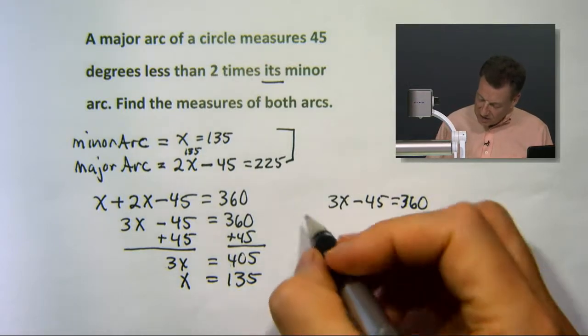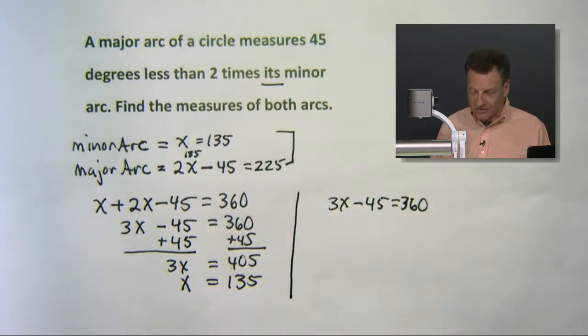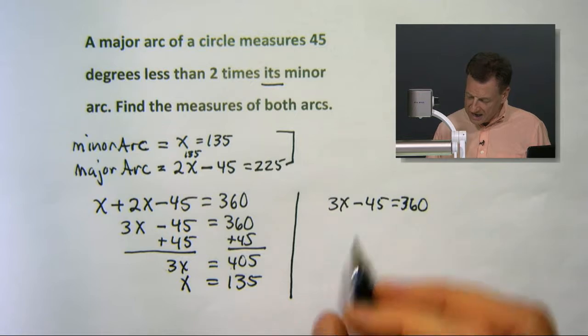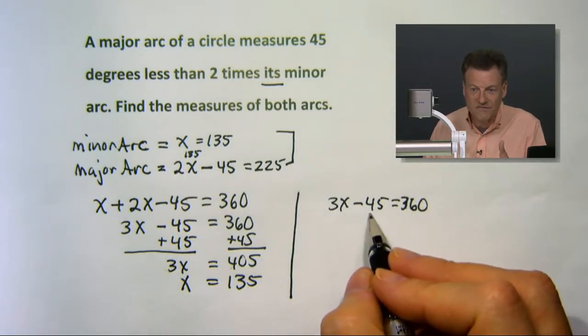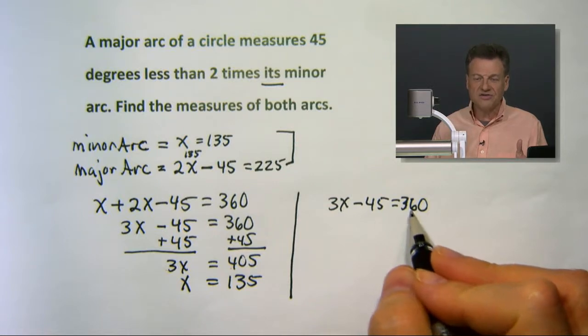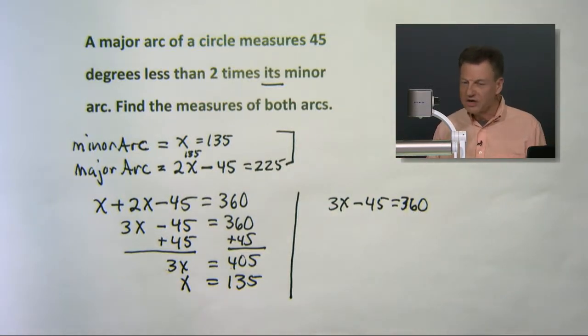Now, back over here, split the page a little bit. What Ethan did, and I keep going back to it on Facebook because it's a creative approach to this, he saw everything was divisible by 3. He saw 3x, he saw 45, he saw 360, and said, well, let's divide everything by 3, which is quite doable. It's called the division property of equality. Very good. Basically, you could say you distributed a 1/3 through the whole thing.